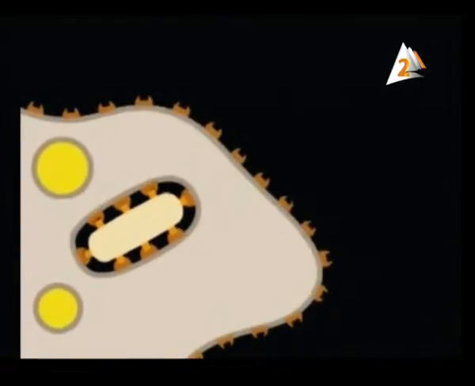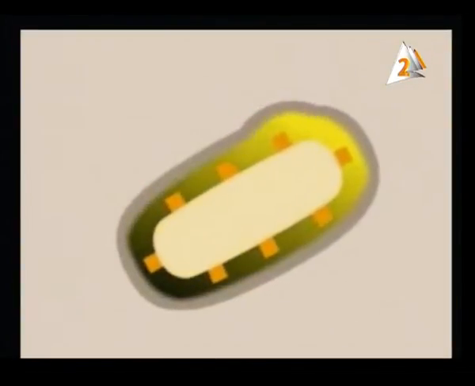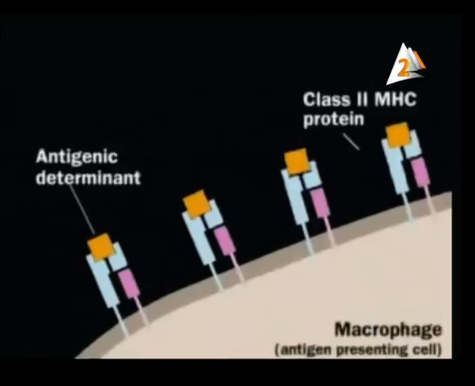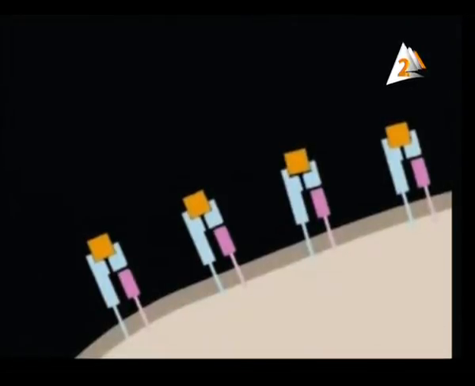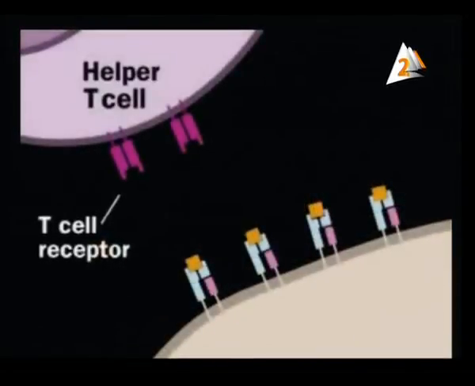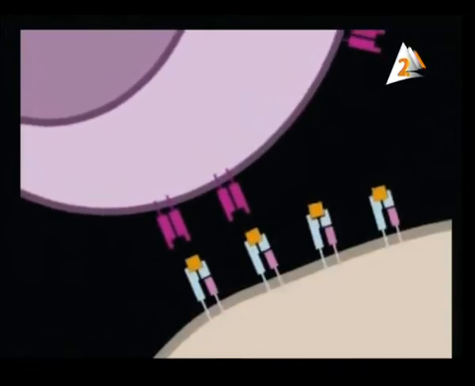When the pathogen enters the body carrying on its surface a specific antigen, the B lymphocyte recognizes this pathogen, then attaches to this antigen by using the immune receptors, which are called clusters of differentiation.